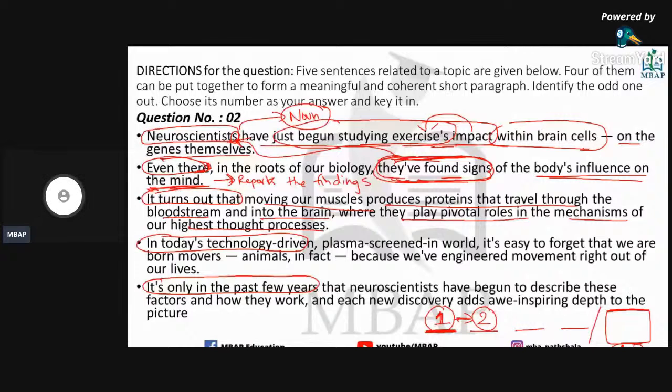So guys, if you read carefully, in sentence 3, would you agree with me if I say it describes the science of the body's influence? Am I correct? It describes the science of the body's influence on the mind.